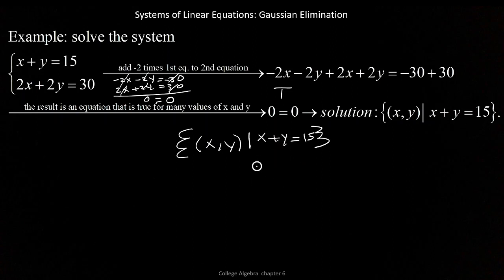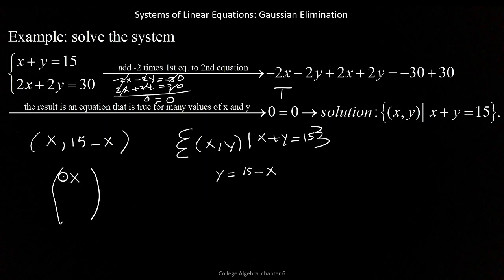Sometimes we write the conditions this way. We say, okay, let x be whatever. If we let x be free, then y is going to be 15 minus x. So sometimes we write the solutions like this: let x be free, and then y would be 15 minus x. And sometimes we even write it vertically like that.